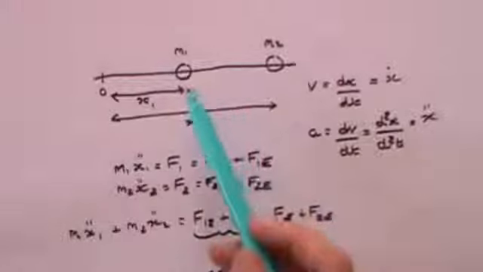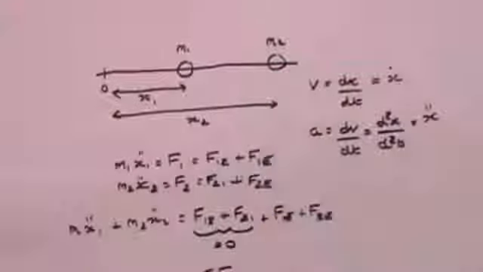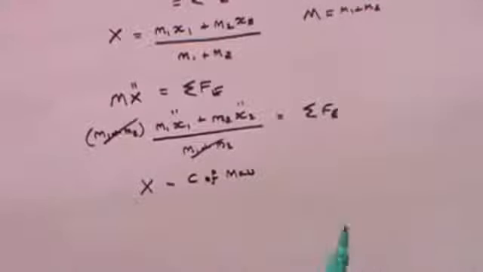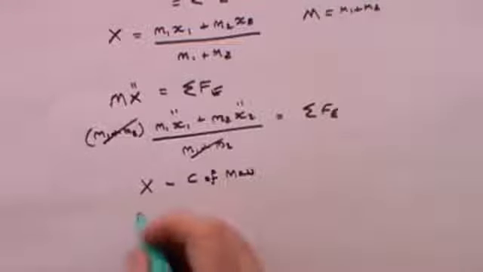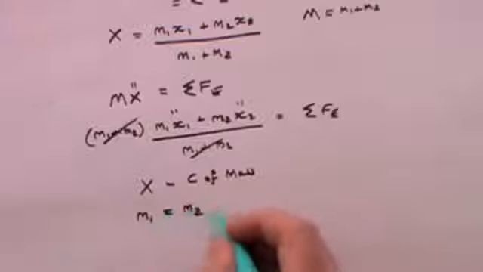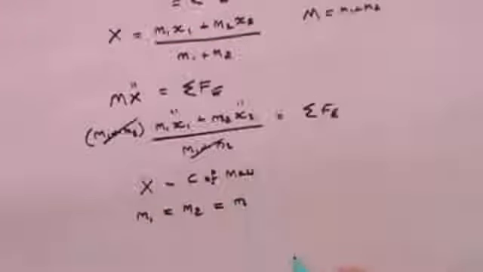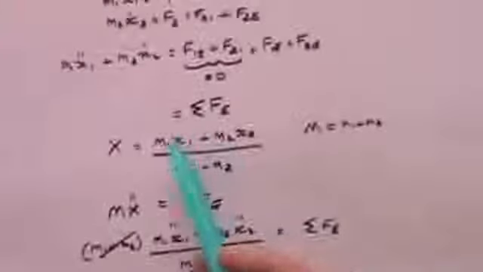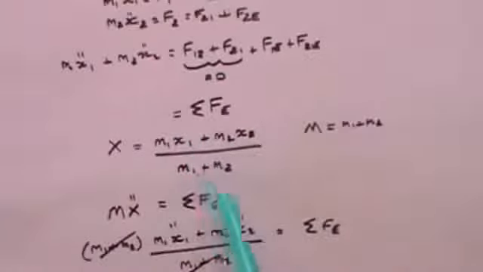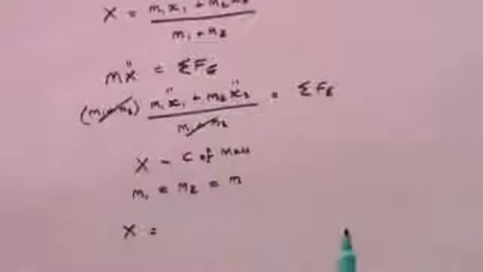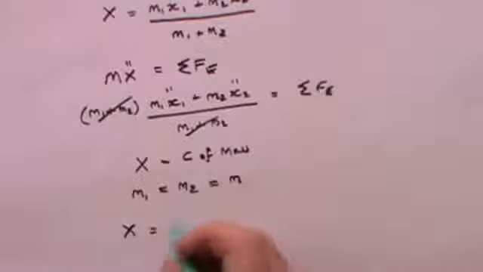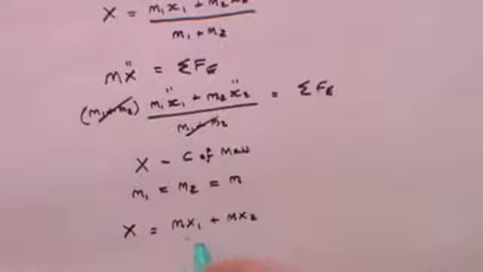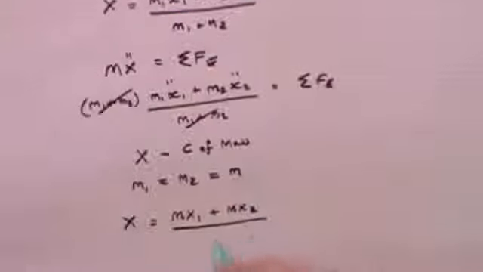What happens if in this diagram m1 equals m2? Well, in those circumstances, if m1 equals m2 equals, let's call it just m, then X will be, here is our definition, but m1 is going to be the same as m2, and so X will become m x1 plus m x2 over 2 times the mass.